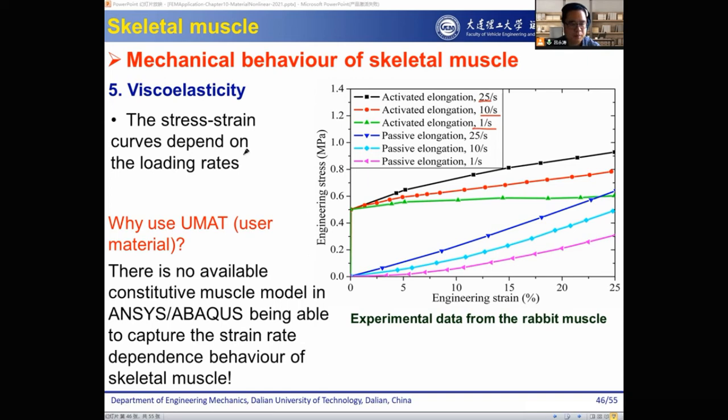This is what we call viscoelastic, or strain-rate dependent material. So it depends on the loading rate. When we simulate the skeletal muscle, we have to take this into account, which means we have to consider this effect in the constitutive relationship in the mathematical equations.